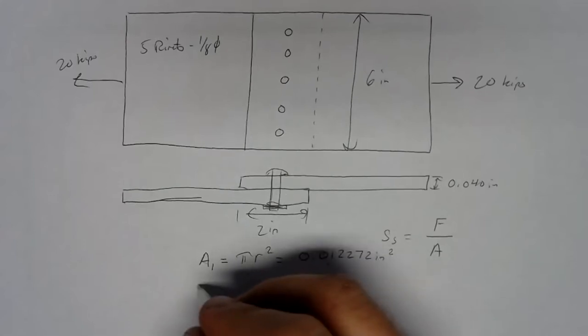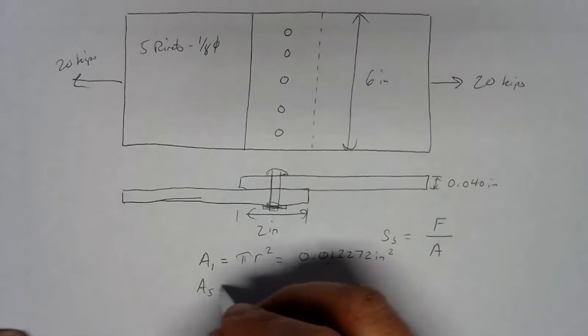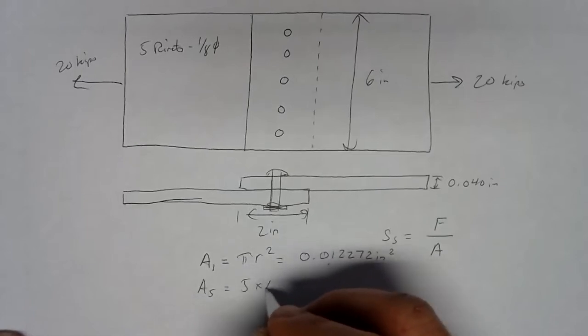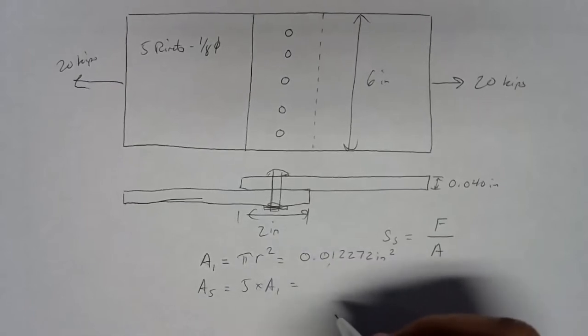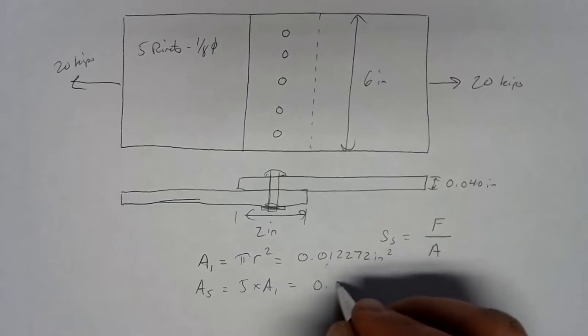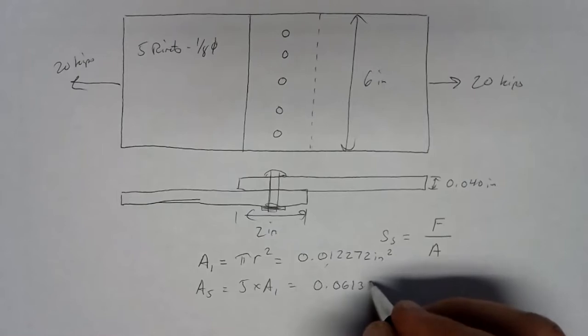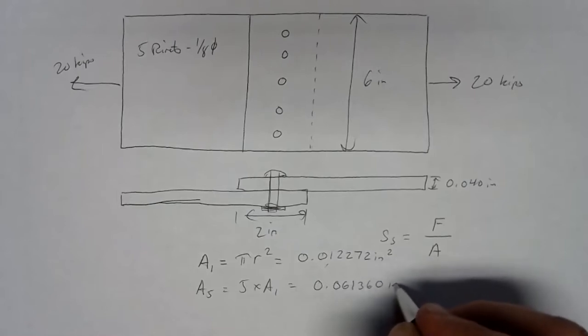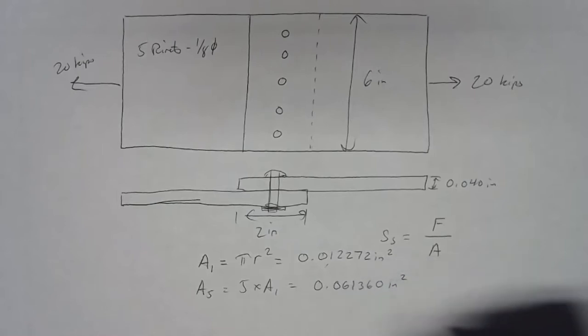Well, I've got 5 of them here, so the area of 5 rivets is 5 times the area of one rivet, which is 0.061360 square inches. So that's our area.